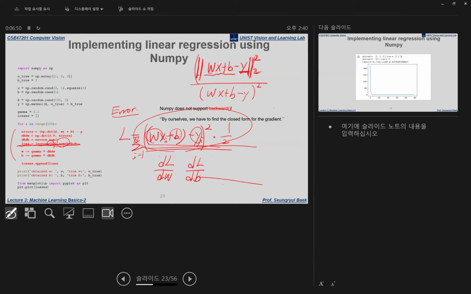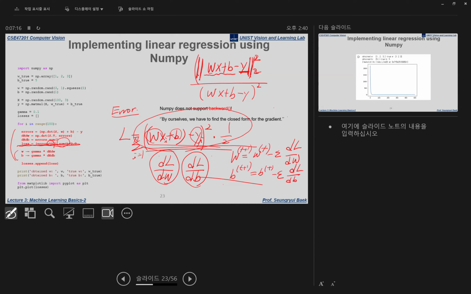To use gradient descent, we have to calculate these two values and update W using this value and update B using this formula.